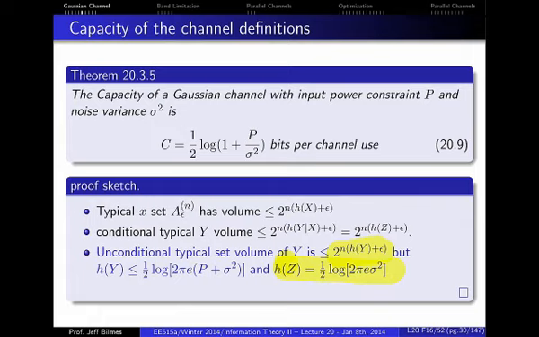And we have the entropy of h of y is upper bounded by this formula. This formula follows because it's additive, independent Gaussian noise. Okay? And it's also because the Gaussian is the maximum entropy distribution with variance p plus sigma squared.